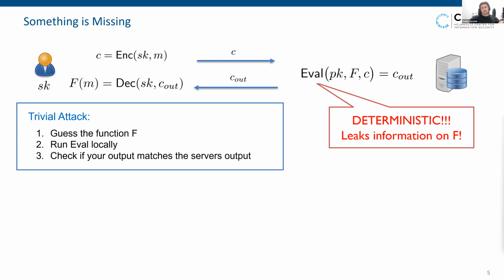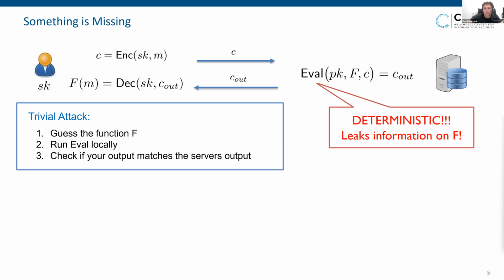Now, to see that there is information leakage when computing on encrypted data, note that the evaluation algorithm is usually deterministic. So just think of the following attack, where the client guesses a function F, runs evaluation locally, and checks if the local computation matches the server's output.